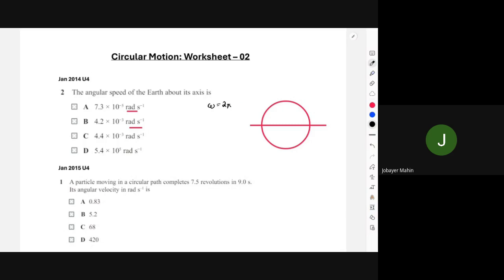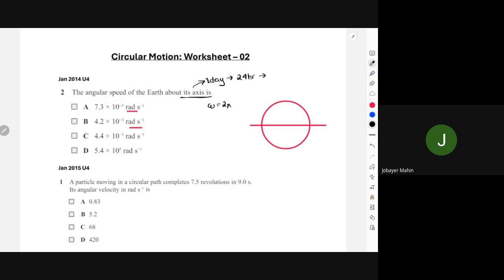About the axis means over 1 day. They're not talking about the entire orbit, just one revolution about its axis, which takes 1 day, basically 24 hours.